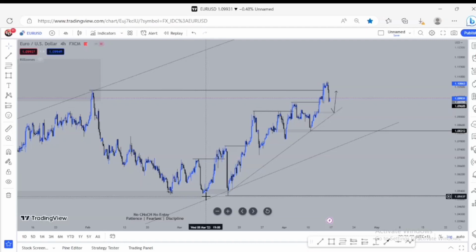Whether you are trading crypto, synthetic indices, stocks, or currency pairs, this type of trading strategy can help you in all aspects of trading. So what do we mean by types of market structure?